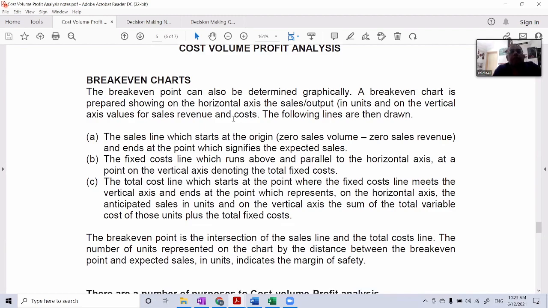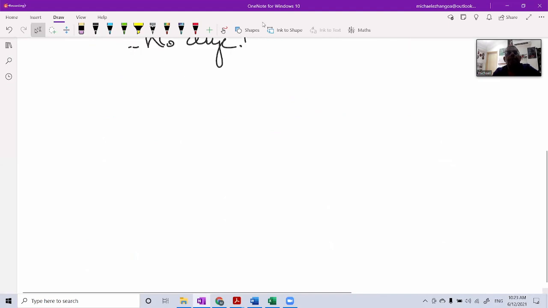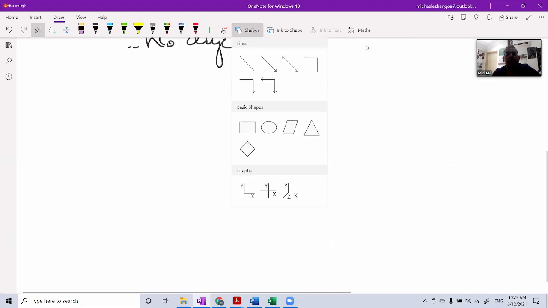So take a look at break-even chart. A break-even point can be determined graphically. A break-even chart is prepared showing on the horizontal axis the sales output in units, and the vertical axis is revenue and costs. The following lines are then drawn. I can do it here.